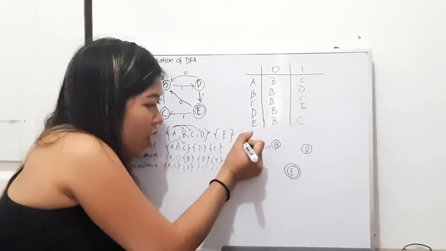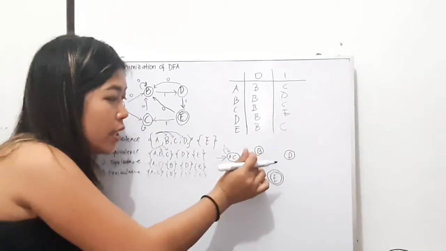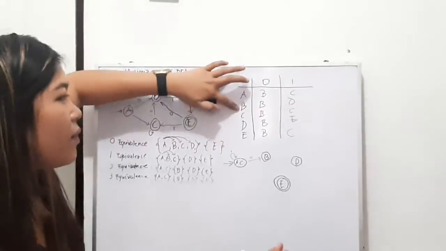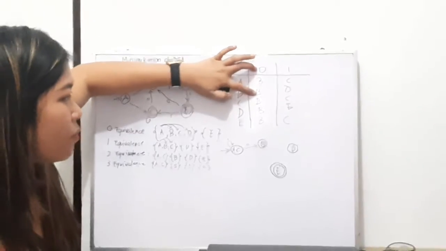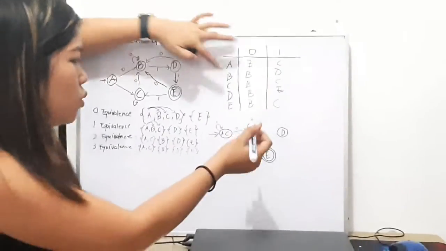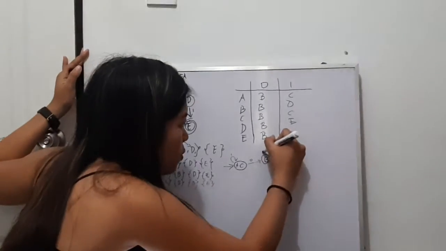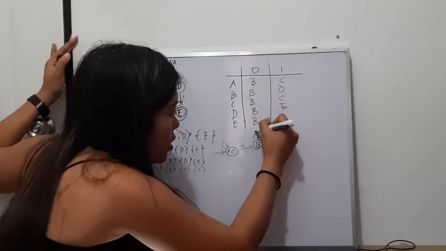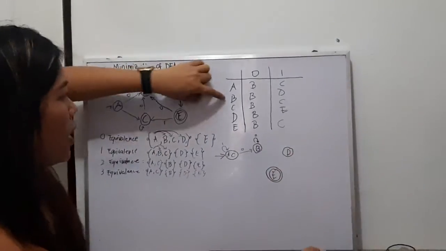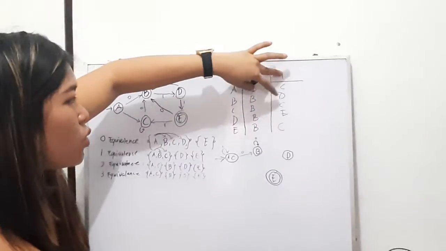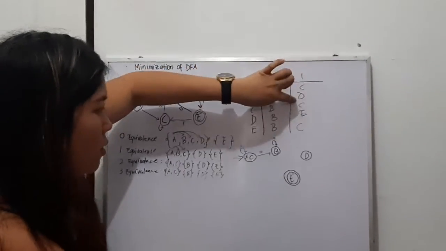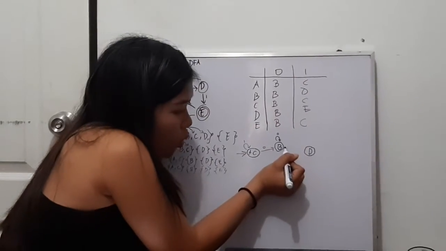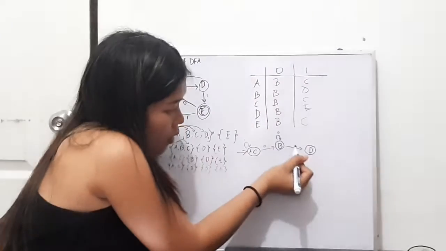Let's put 1 here, and now let's proceed to B. B given input 0 goes to B, so let's put here 0. Then B given input 1 goes to D. So it goes to D. Let's put here 1.